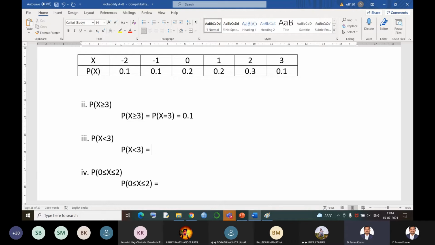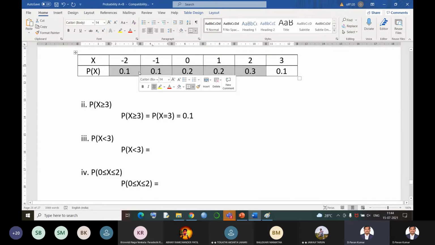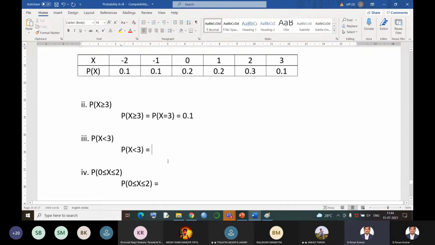In the last problem itself, I told you that using the first condition, I can solve the second one. See, instead of adding all these, if I subtract this value from the total probability 1, I'll get the remaining values. So that is how I can write p of x less than 3 as 1 minus p of x greater than or equal to 3.